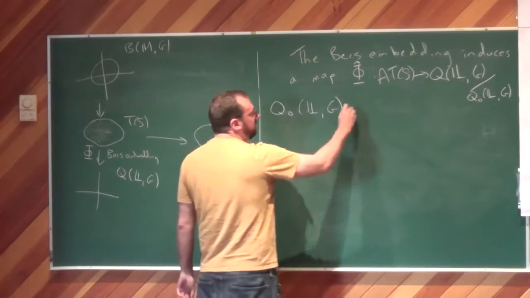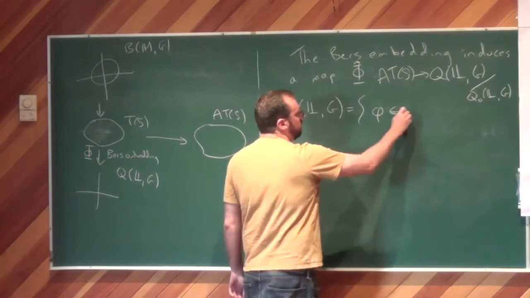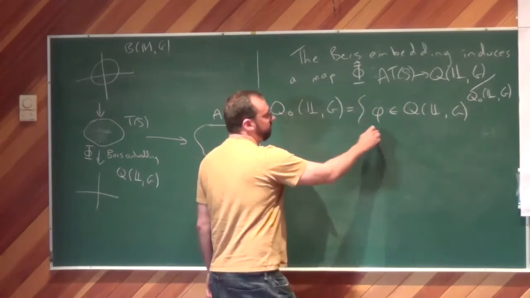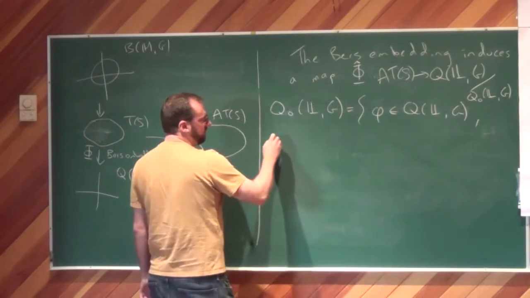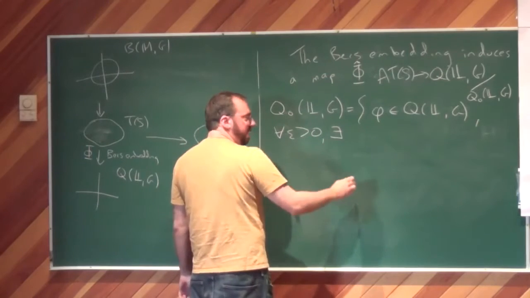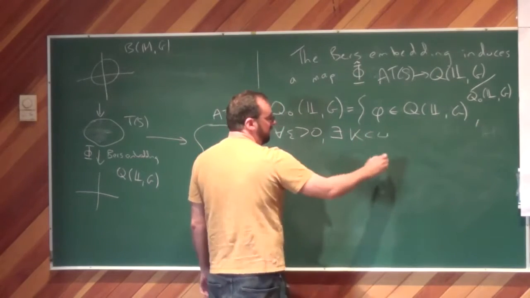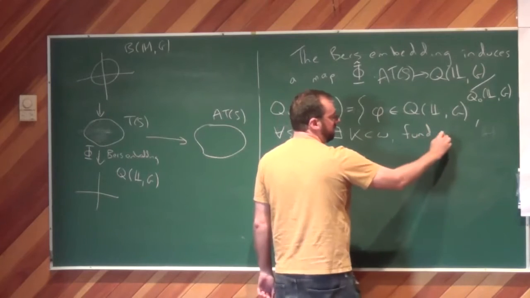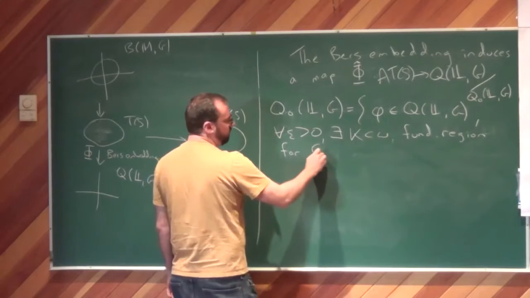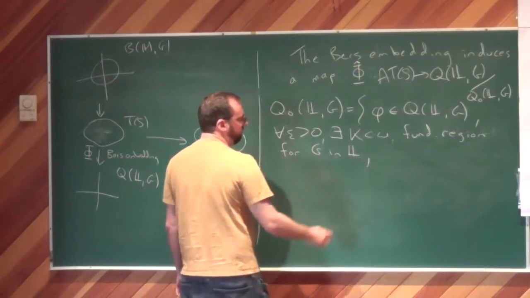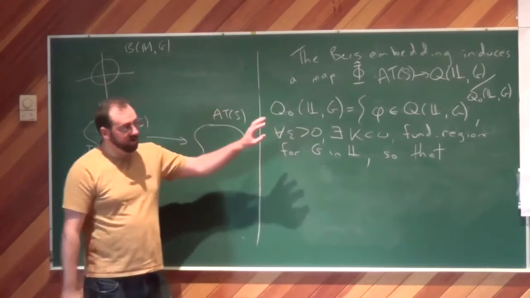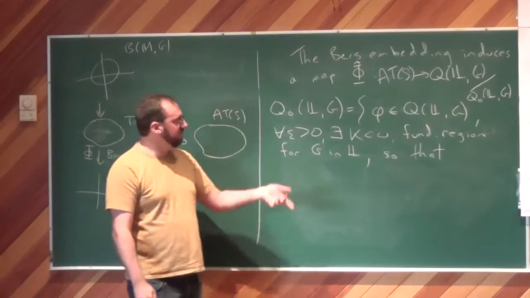So Q0 of L, G, that's the set of these phi, so that for all epsilon greater than 0, there exists a compact set K contained in omega, a fundamental region for G in L. So that, well, we had an expression for the Beers norm, which was the hyperbolic supremum norm.